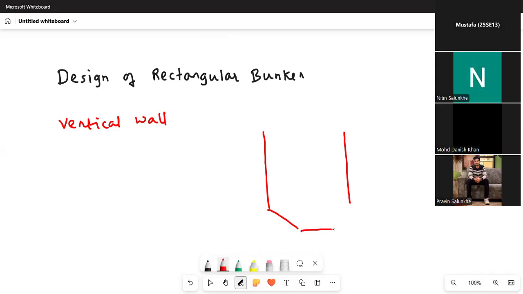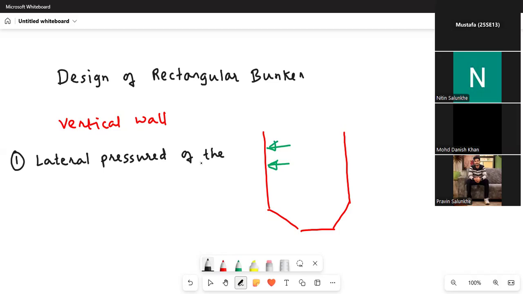It will be subjected to the lateral pressure from the material. Material will exert pressure on the wall. That is first and foremost: the lateral pressure of the material stored. This is one pressure.